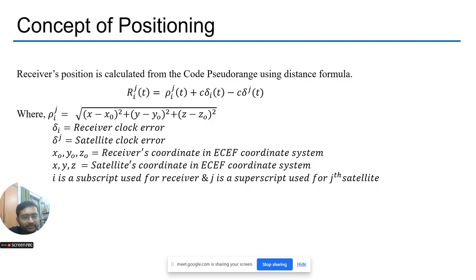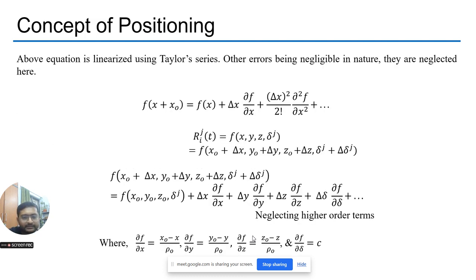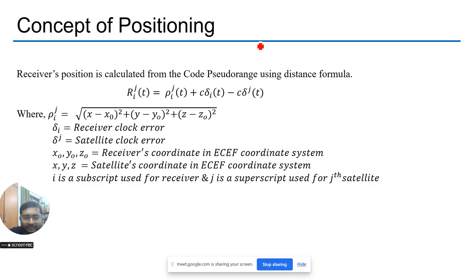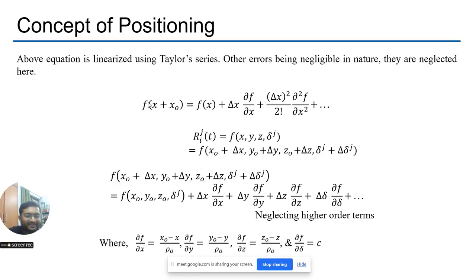Okay, so this is the equation which I'm talking about. This equation plus there is an issue which comes because of the clock at the satellite and receiver end. This is how we define this in a mathematical way. Once we get these equations for all four satellites, we have to solve them, and that is the purely mathematical part.